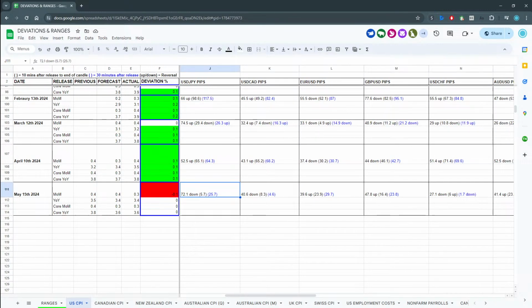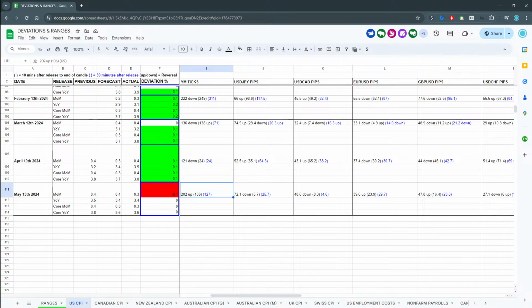Anyway, the biggest market reaction from the currency space came from dollar yen, and you see it had a 72 pip move towards the downside, but after 10 minutes of trading, it was still down, by 5.7, 5.5 pips.